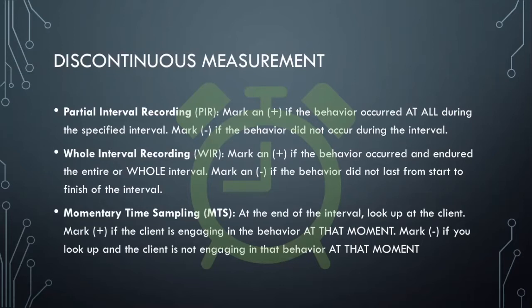Does that make sense? So momentary time sampling is only marked as occurred if the client is engaging in that behavior at the very moment that the timer goes off. So it makes it really easy for teachers or people that are in charge of multiple kids.